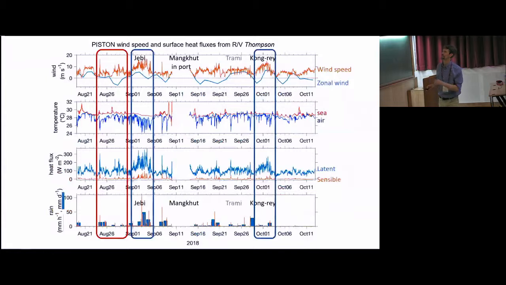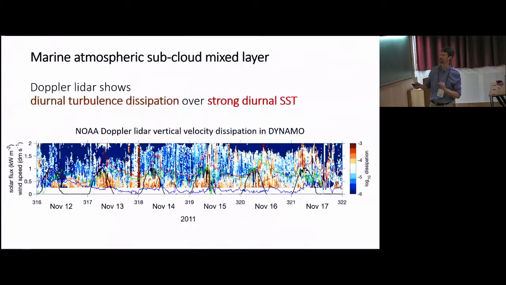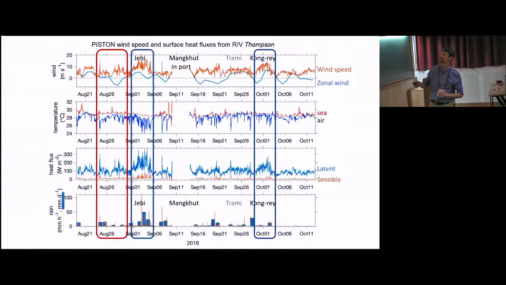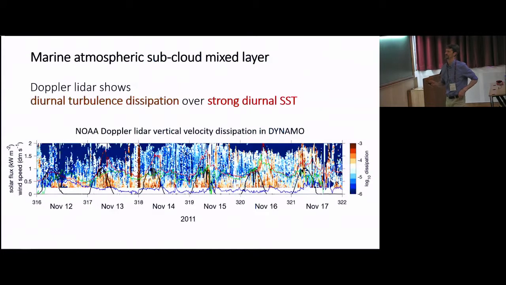And let's see. I'm going to zoom in on, okay, can't remember what's next. Yes, so I'm actually going to look at the time there. Notice here, there's times of diurnal warming, but I'm going to switch gears to the DYNAMO cruise when we had a LIDAR, which measured the surface boundary layer, a subcloud mixed layer of the atmosphere very well.